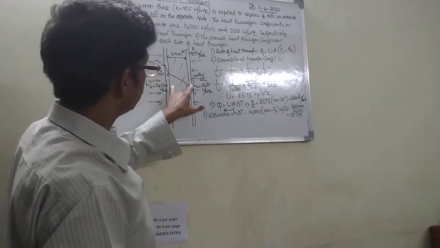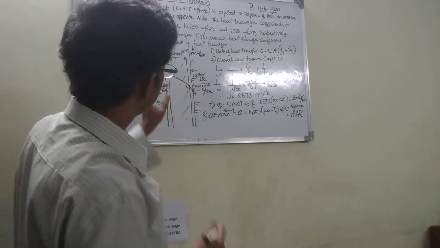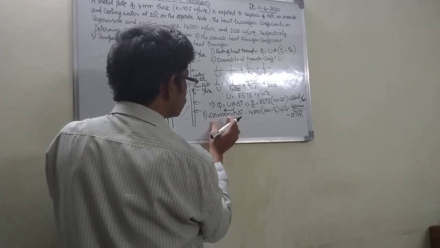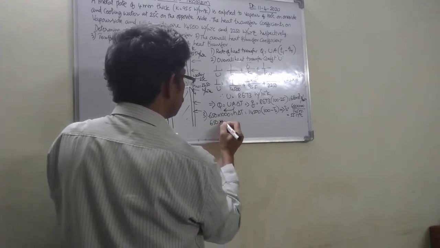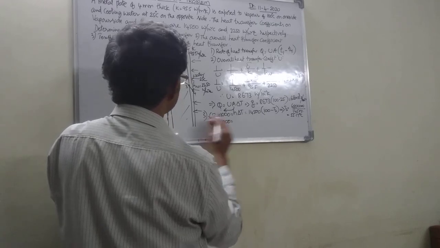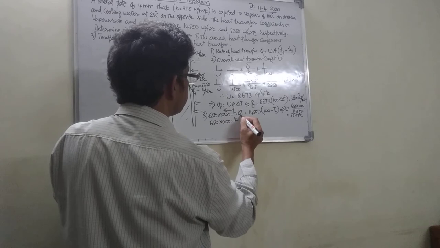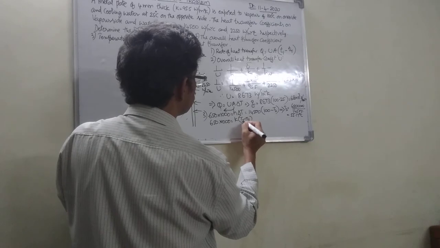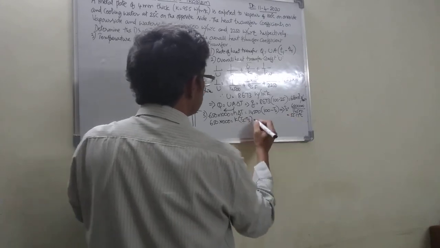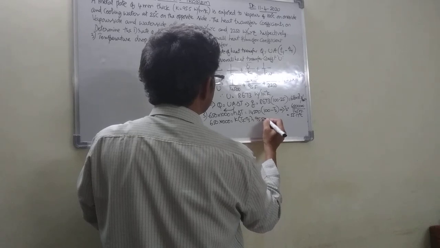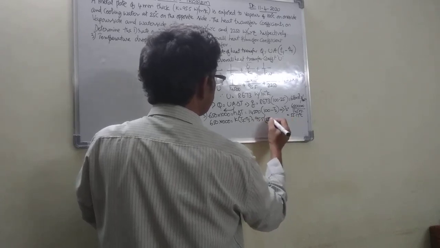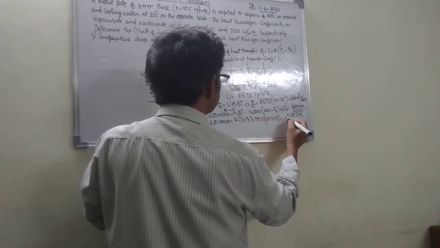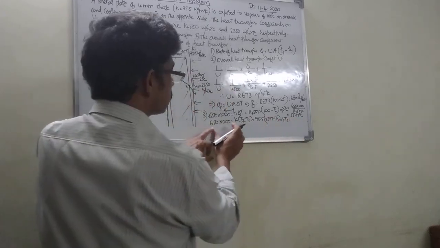From there you can calculate the temperature of point number 3, because here it is conduction heat transfer. So again we do the same thing. 650 into 1000 is equal to K, the thermal conductivity, into delta T. Here the delta T is equal to T2 minus T3. We already have T2 that we found out. So K is equal to 95.5 into T2, which is 55.17, minus T3, which we don't know. You will get T3 from these two equations by equating this.